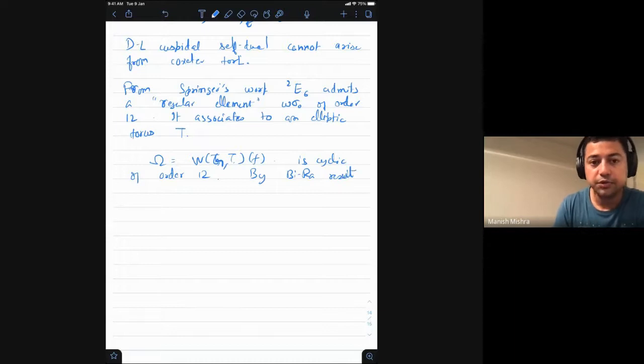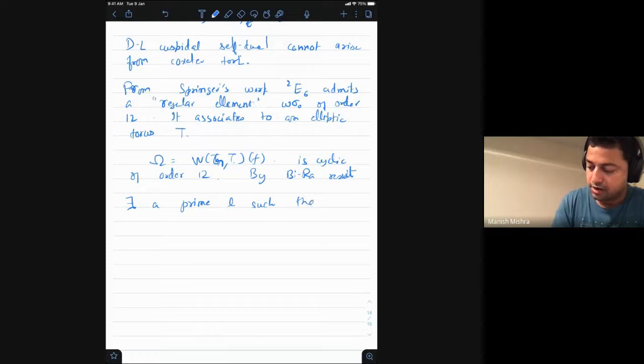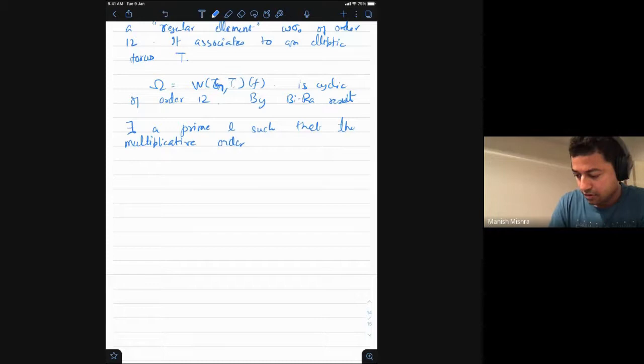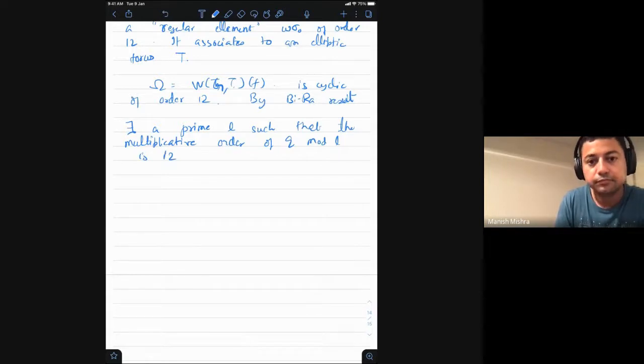Result as before, you get that there exists a prime L such that the multiplicative order of q mod L is 12.